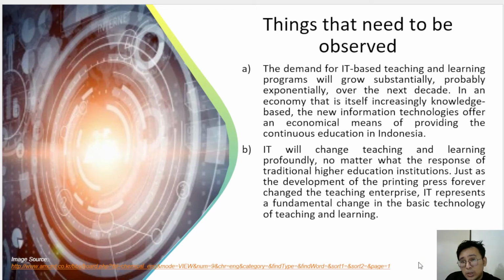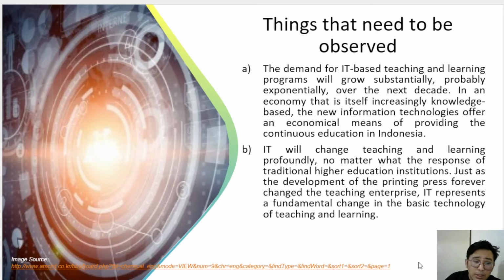So this is what we need to observe in the future, because this could potentially become a chance for us to develop further in the use of IT in academics.